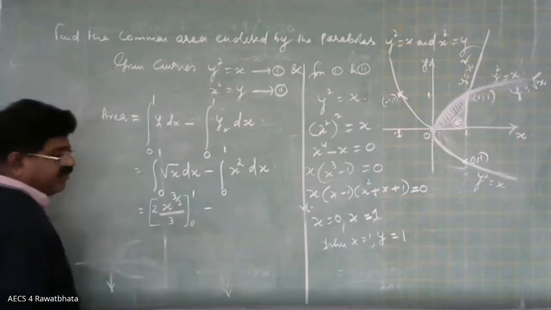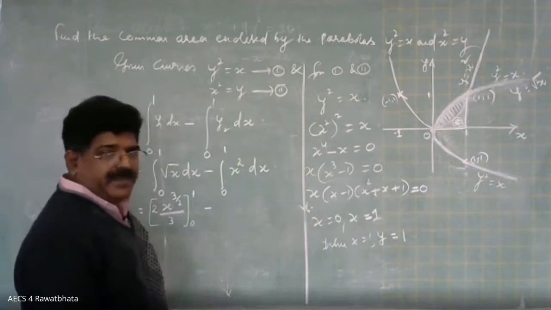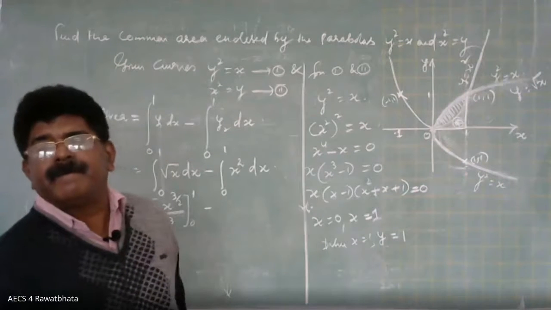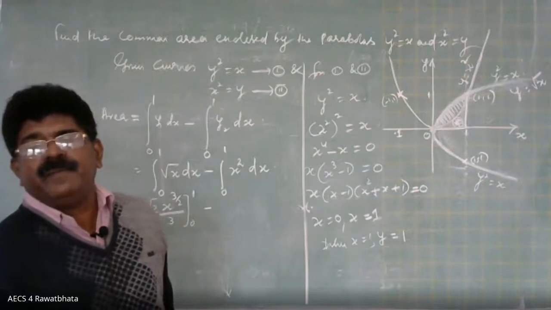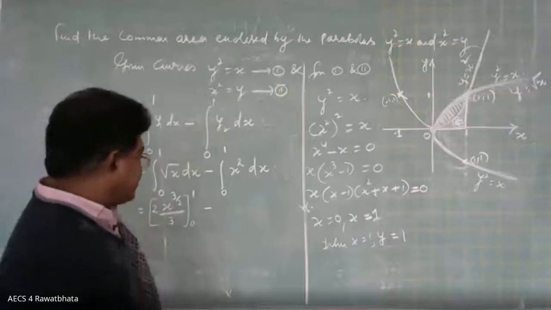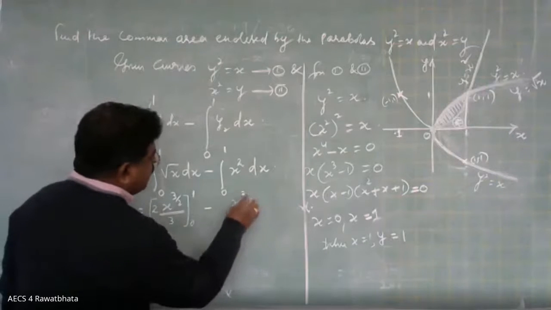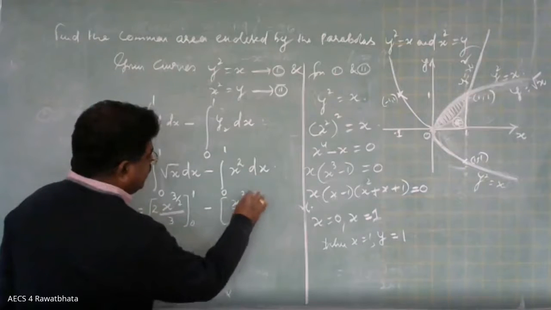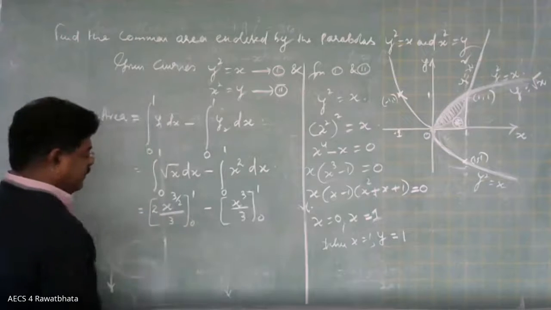And minus of integration of x squared, that is x to the power 3 upon 3, x cube by 3, limit 0 to 1.